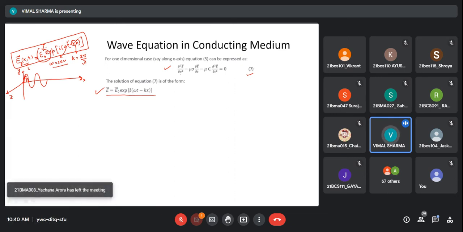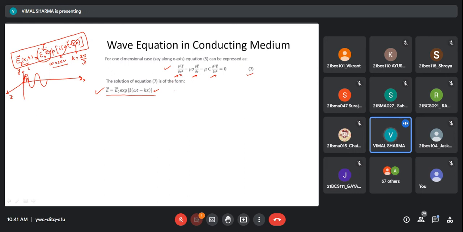When I plug this electric field back into my differential equation, it should satisfy it. For that, the double derivative of E with respect to x is required, along with the derivative of E with respect to t, and the double derivative of E with respect to t.